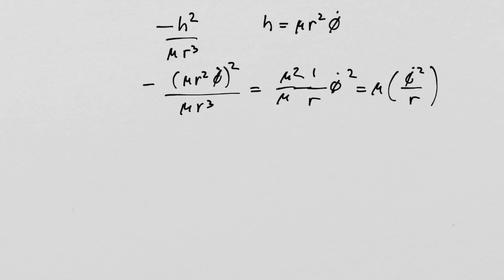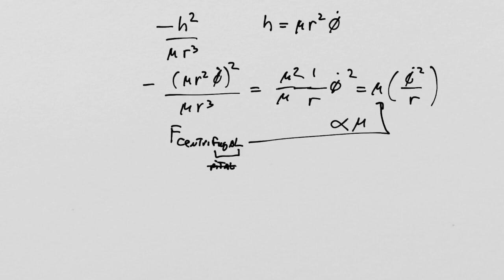So the point being that this fictitious force, I'll call the centrifugal force, where this is fugal, not centripetal. Centripetal force is a real force. The centrifugal force is this fictitious force. But notice it is proportional to the mass. Whenever you have a force that is proportional to the mass, you can count on it being a so-called fictitious force.